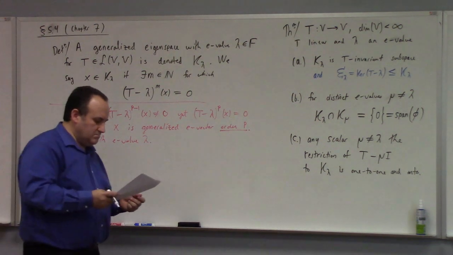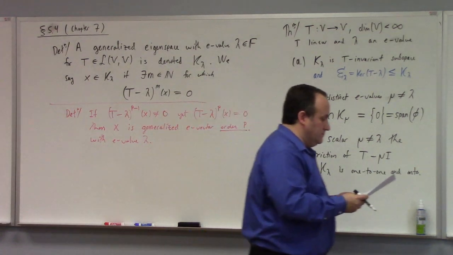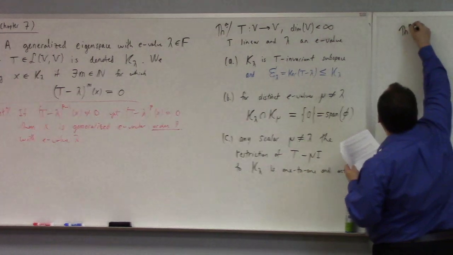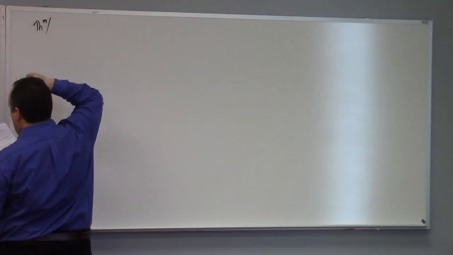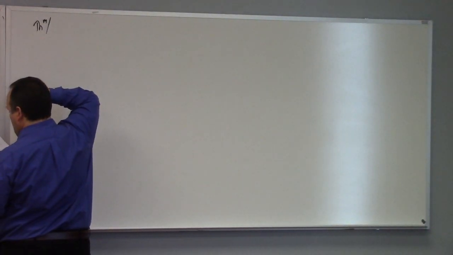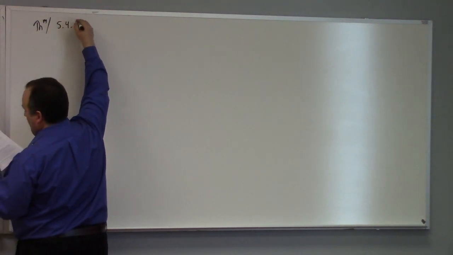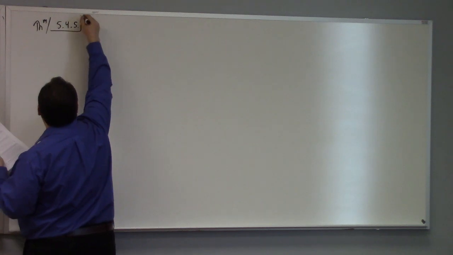Now, the next theorem, I'm going to skip that one. Let's see here, skip that one. All right, so theorem 5.4.5 in my notes, which is, let me just give you the corresponding theorem in the book.